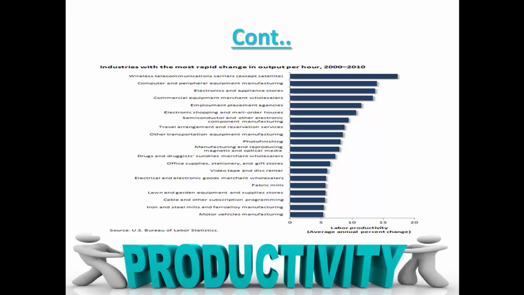The figure also tells us about the industries with the strongest labor productivity performance. Industries that were major producers, sellers, or users of IT equipment were among the industries with the fastest productivity growth around 2000 to 2010.